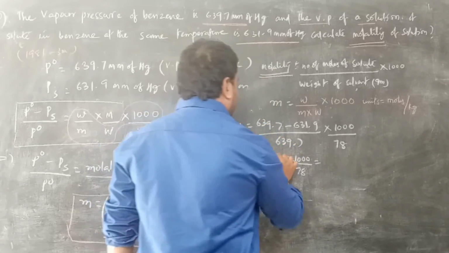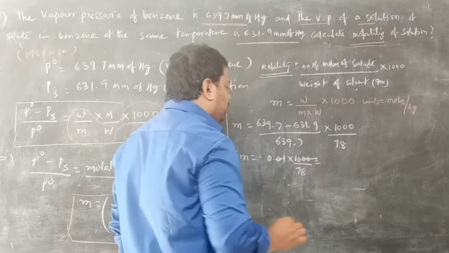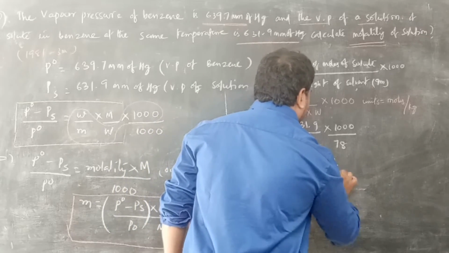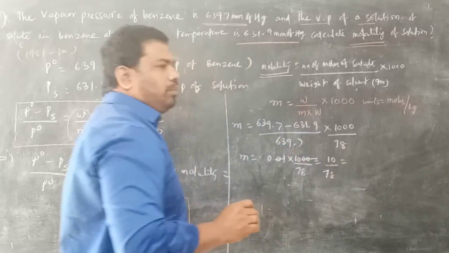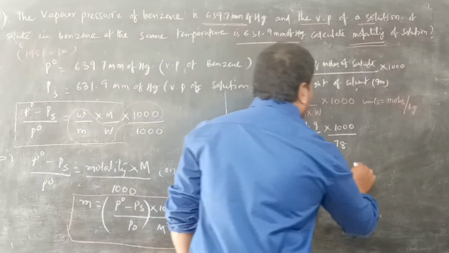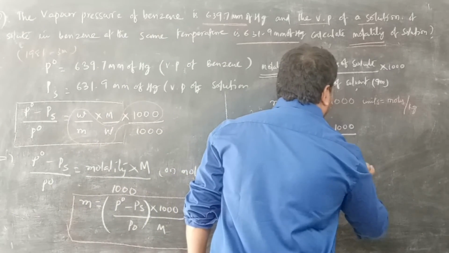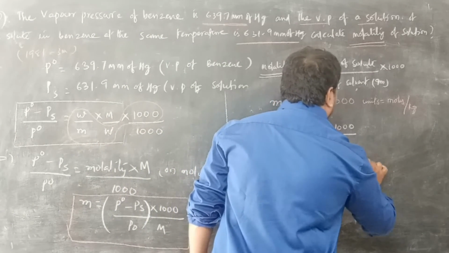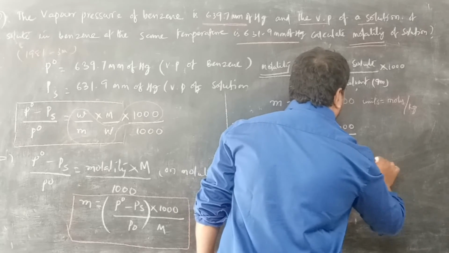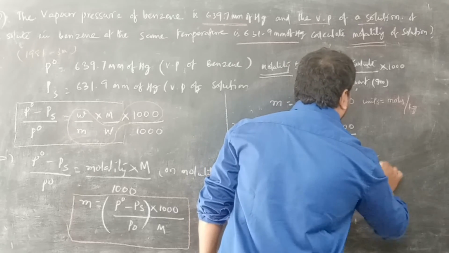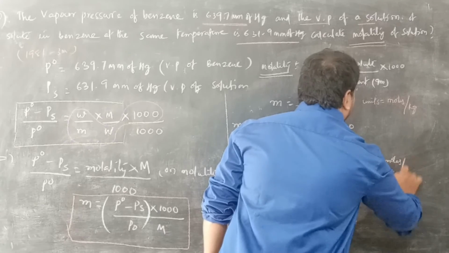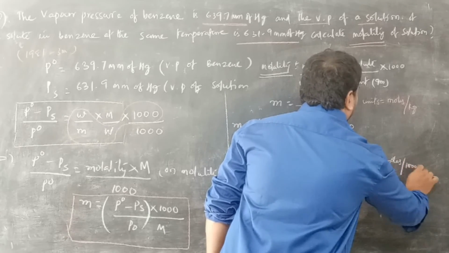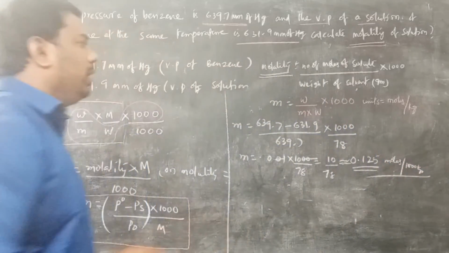The two zeros get cancelled, so that is 10 by 78. After simplification we get approximately 0.125 moles per 1000 grams.